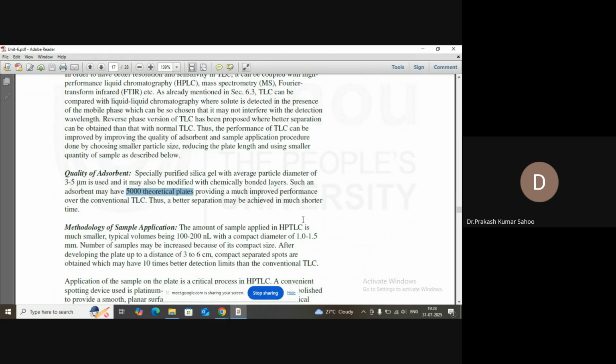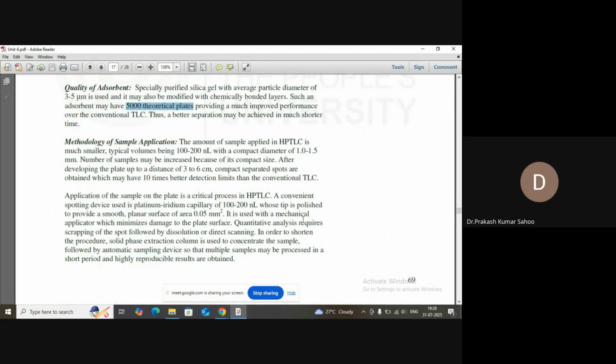The slurry is prepared in the same way, and your line of origin or reference line is placed, your sample is placed, and the TLC plate is placed inside your chromatogram chamber in a traditional TLC.